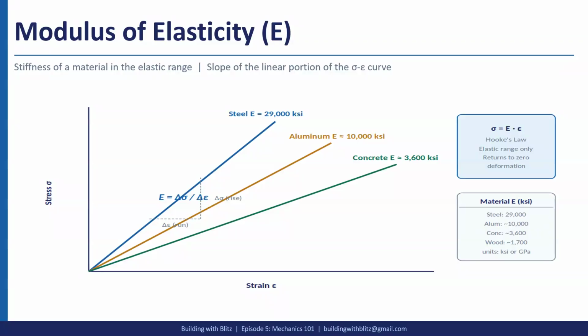I want to say 57,000 times the square root of the compressive strength of concrete is going to be a rough estimate of the modulus of elasticity, but it is the slope of the linear portion of the stress strain curve.